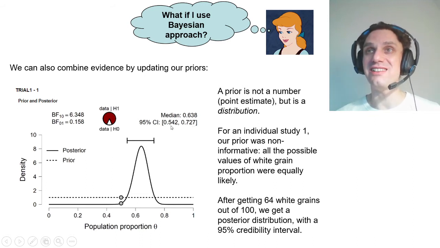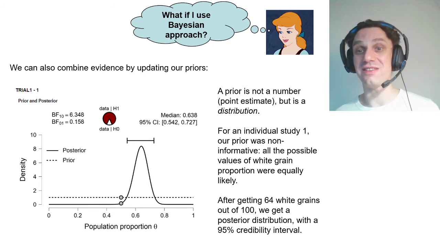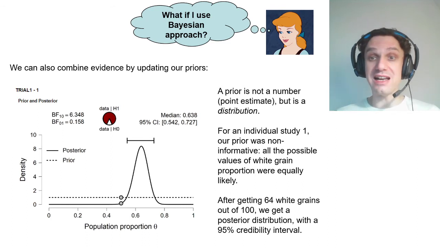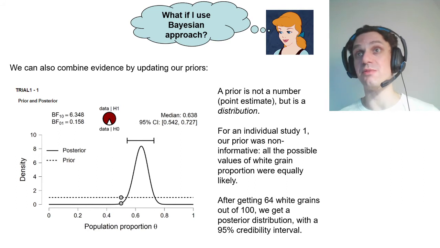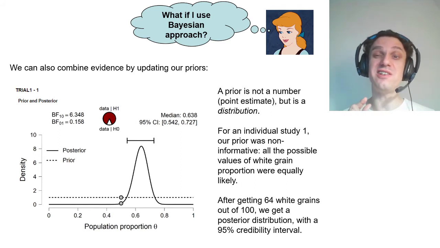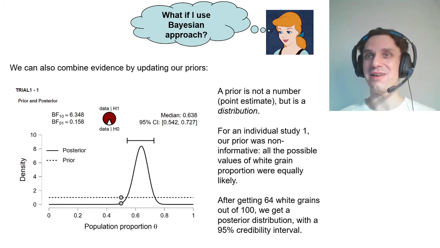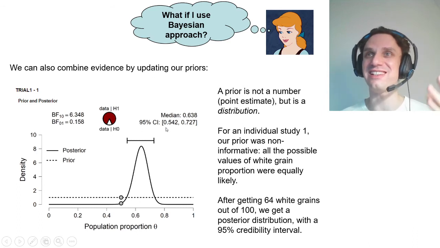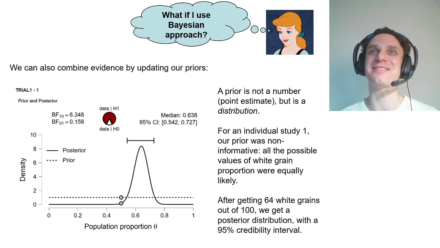A credibility interval which is very similar to confidence interval. It reflects the boundaries in which the true value of the effect is supposed to lie with 95% probability. And substantially, it's very different from confidence interval. But in practice, it's pretty much the same. And numerically, it corresponds to our estimate of confidence interval based on frequentist statistics.